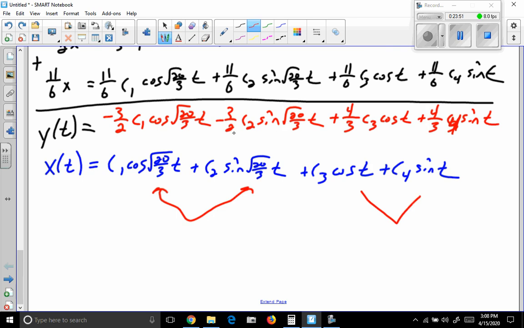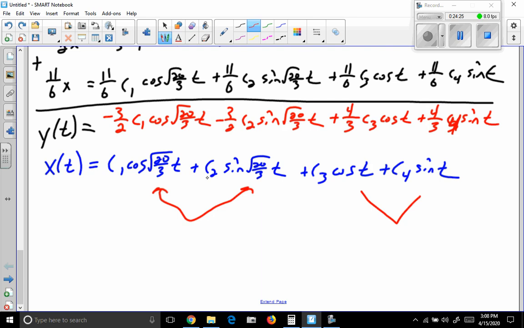Same thing for x. Depending on what our initial conditions are, that could make the C3 and C4 possibly go away, so we only have one frequency for y, one frequency for x.